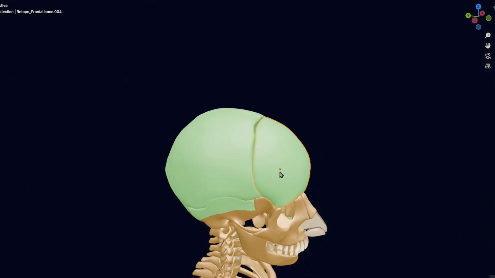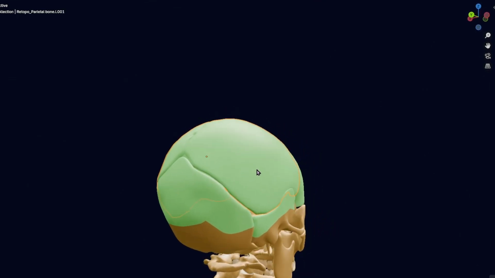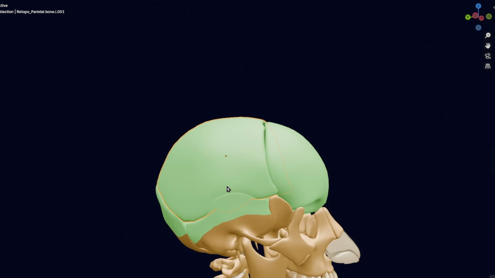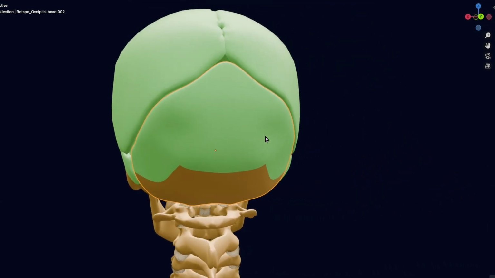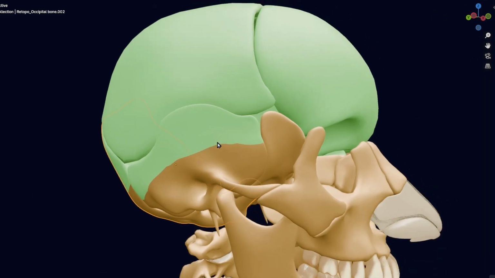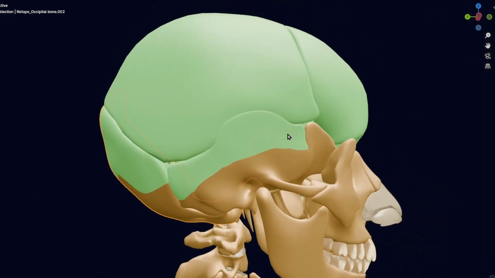almost all of the frontal bone, all of the parietal bone, the squamous part of the occipital bone, and this upper or squamous part of what bone? This is the temporal bone.